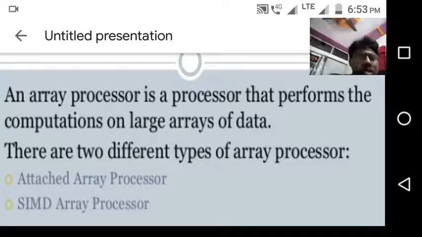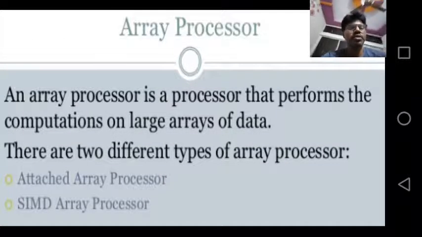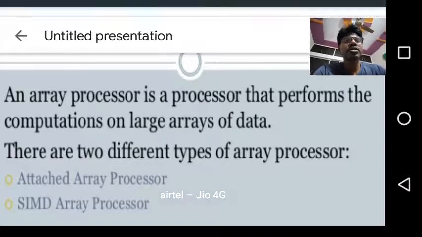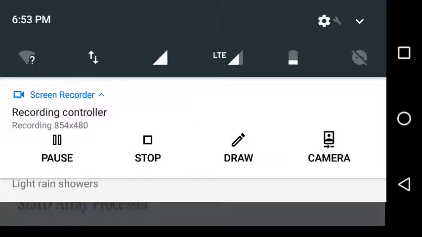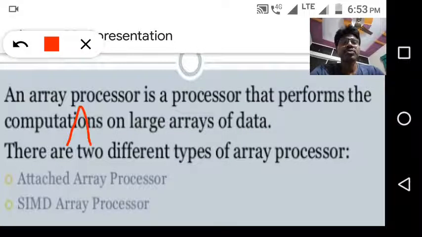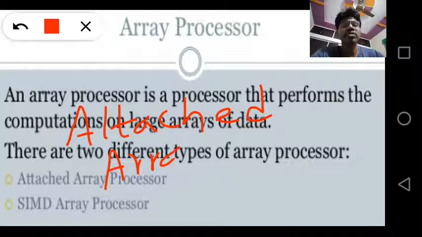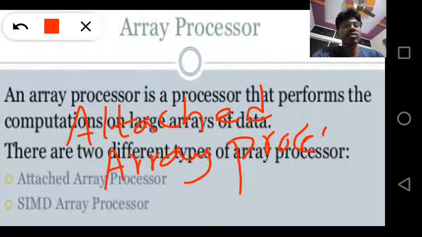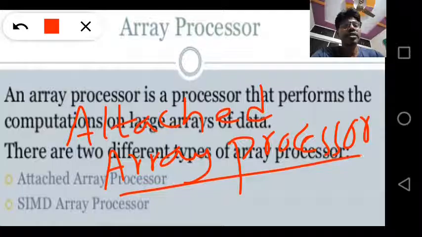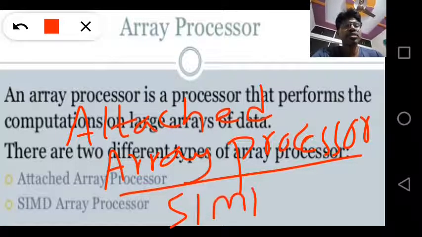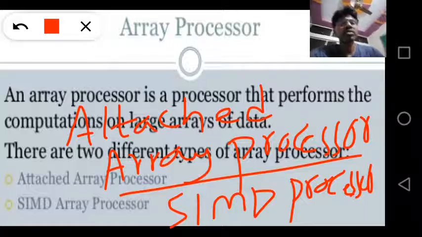So we see two different types of processors: attached array processor and SIMD processor.